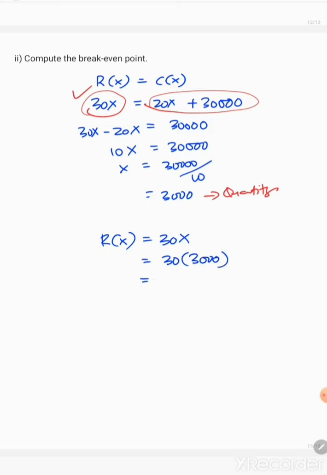The value will be 90,000. This is the break-even point, meaning 3,000 and 90,000. Therefore this is the value for the break-even.